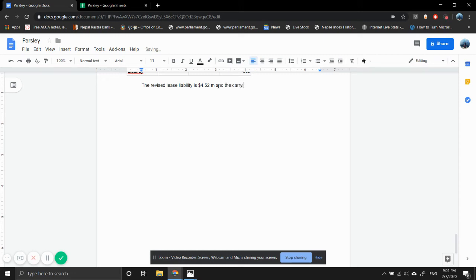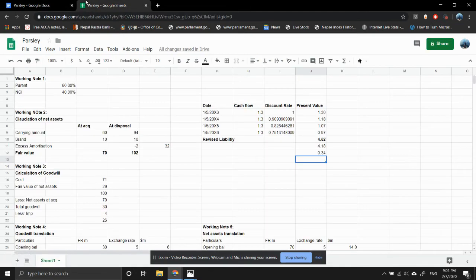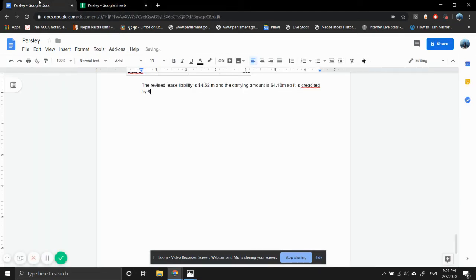And the carrying amount is $4.18 million. So it is credited by 0.34 million.